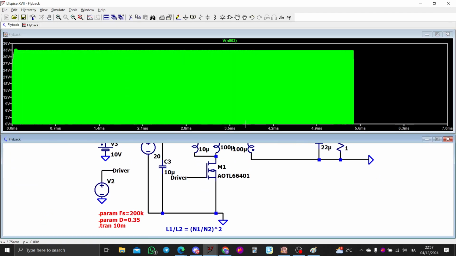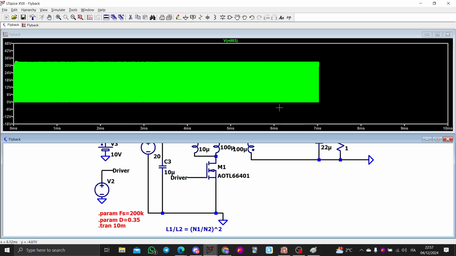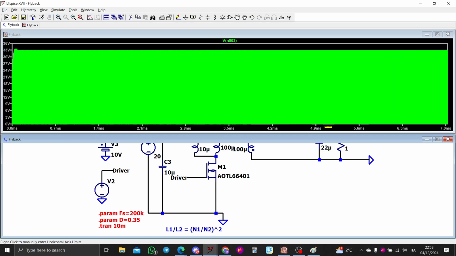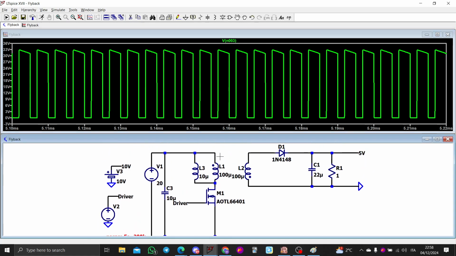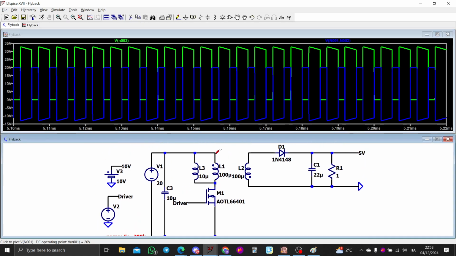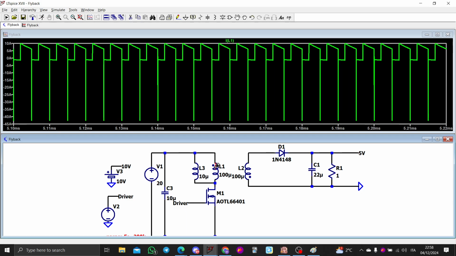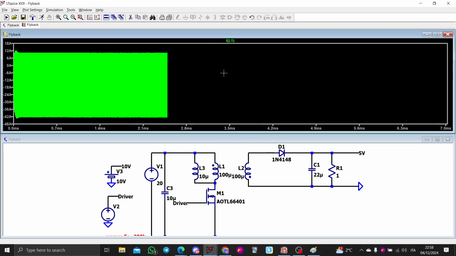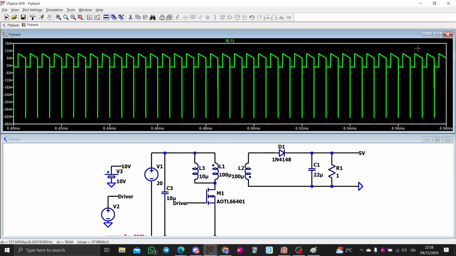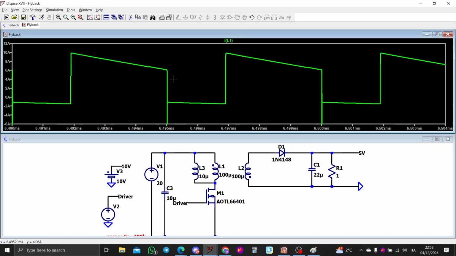What I do care about, though, is the voltage across the inductor and also the current across it. As you can see, this is the primary current across the inductor, and it never goes negative.